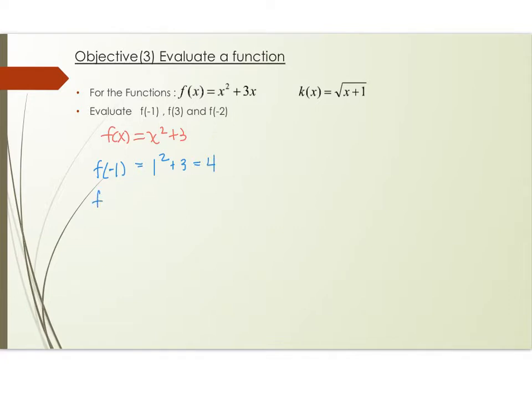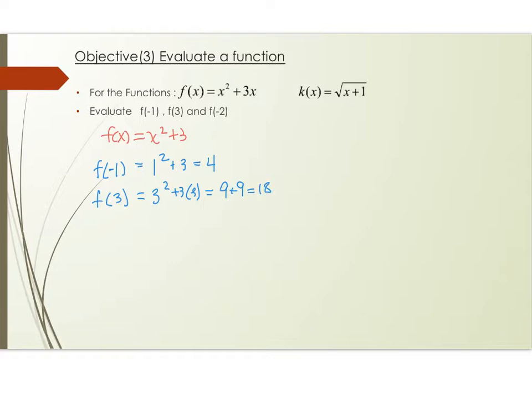At f of 3, we get 3 squared plus 3 times 3, and this is equal to 9 plus 9, which is 18.